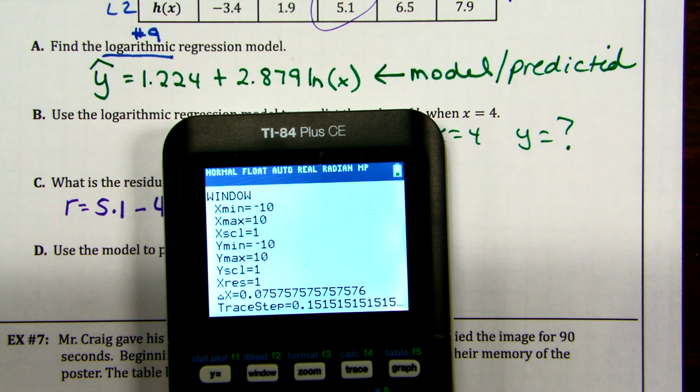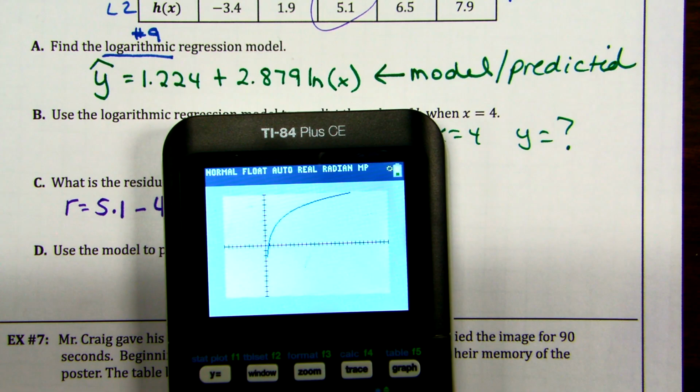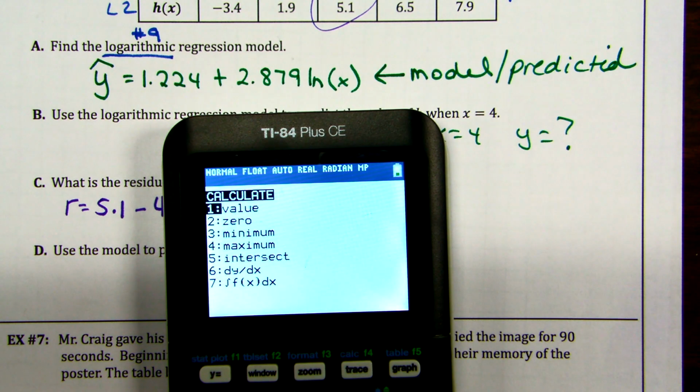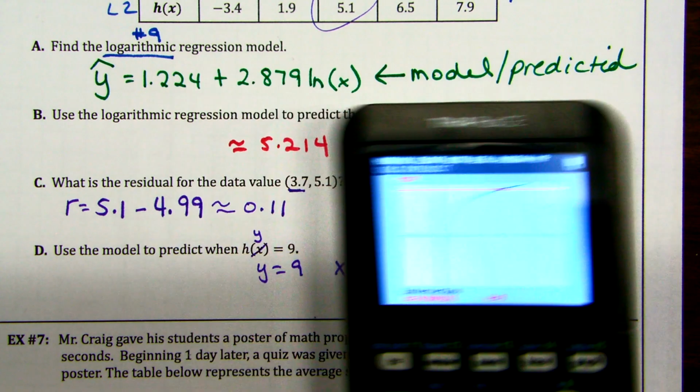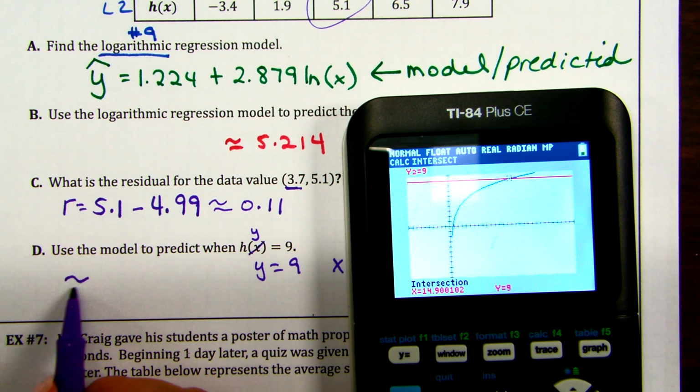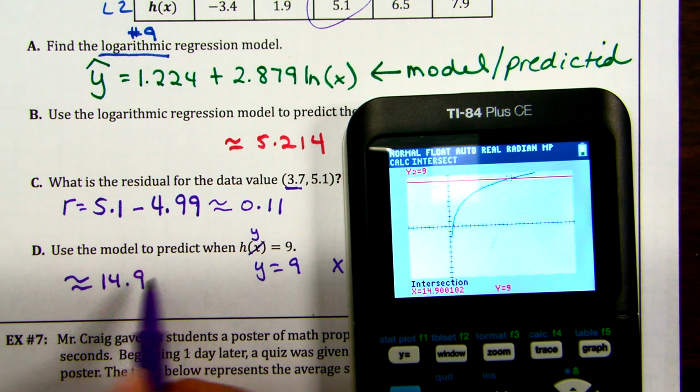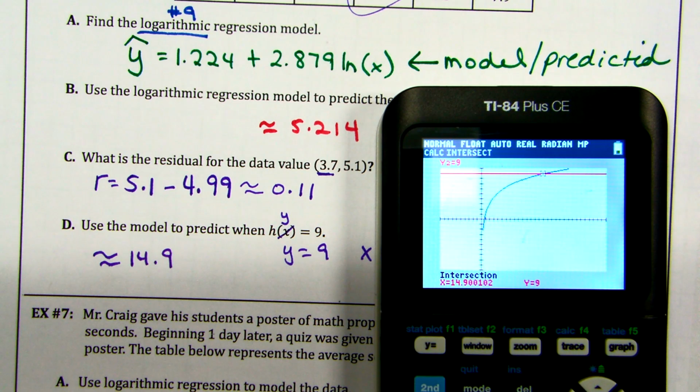X max, right? We want to go to the right, maybe to 30. There it is. And then we do second calc, number 5, enter, enter, enter, and we have approximately 14.9, or 14.90, or 14.900. Any of those three answers would be fine. Okay?